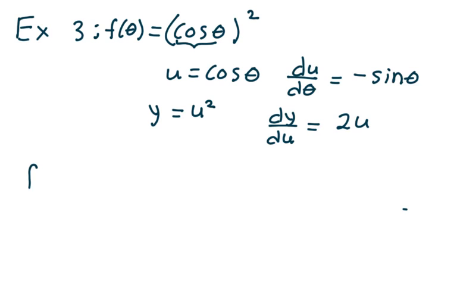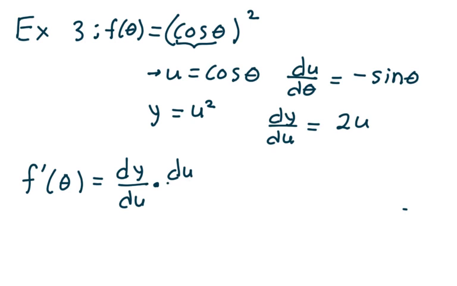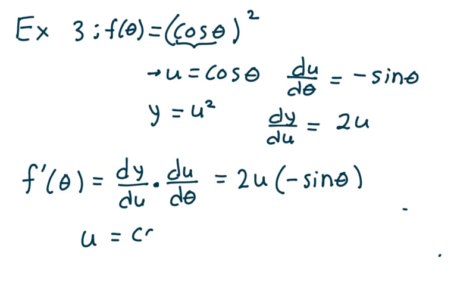And so if I want f prime of theta, this is dy/du. I hope you guys are seeing the pattern. I'm always going for the derivative of the outside function times du/d theta. dy/du is 2u, and then du/d theta is negative sine theta. But remember that u is cosine theta.